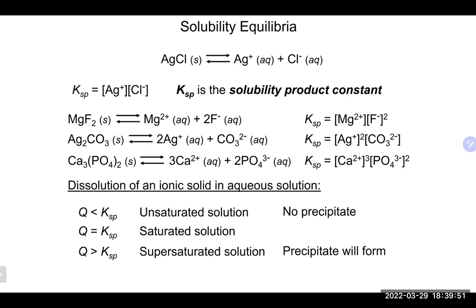If we had something like silver and chloride, for example, based on solubility rules it says it's insoluble, which a lot of times we think of as being the case 100% of the time. As we'll talk about in this chapter, there are a lot of things that really do affect solubility.